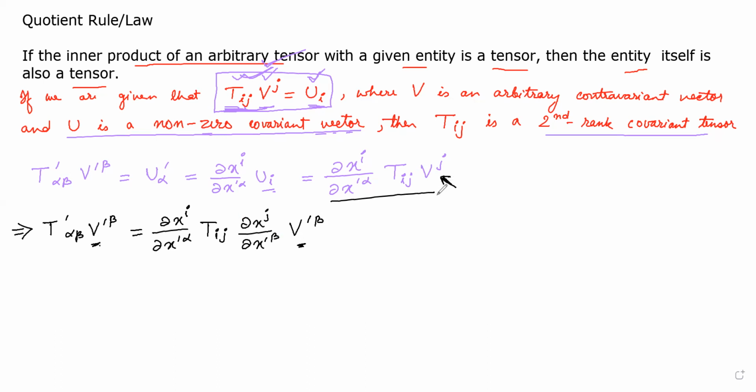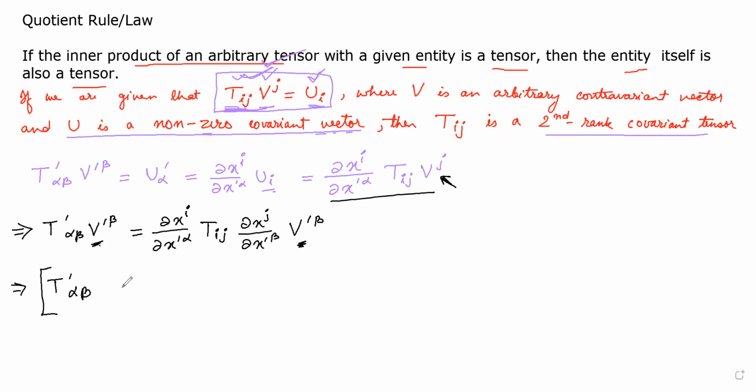Okay, this is fine. Now let us bring the terms on the right hand side towards the left hand side. So this implies T prime alpha beta. You see, we have one V prime beta here and another V prime beta here. So we can take this factor common. So what do we have here?